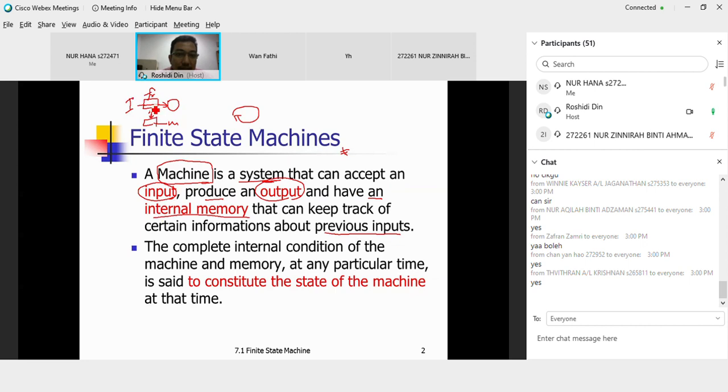Sometimes we utilize internal memory, sometimes external memory. The important thing is we have input, process, output, and memory. All these things together make a machine. When we have these components, then we can call it a machine.